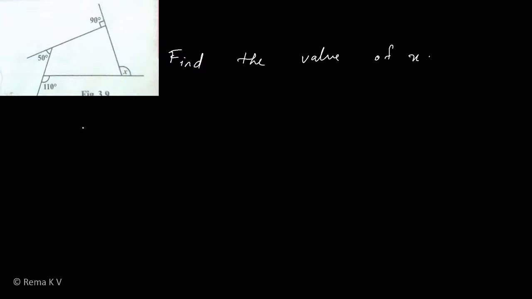Here you have to take care that all the exterior angles are in the same direction. That is, if it is drawn in anti-clockwise direction, every angle must be in that direction only. See now, in this figure it is drawn like this, one side.